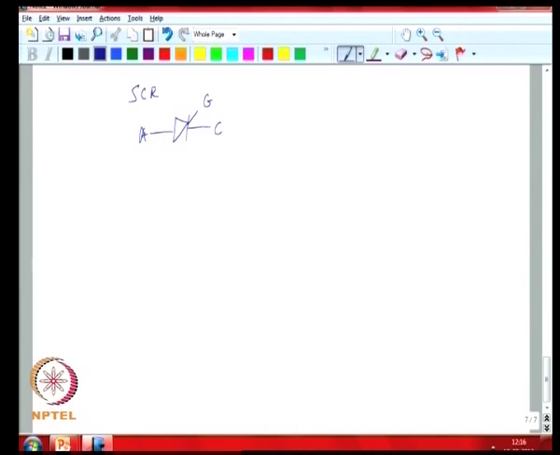Okay. So you need an external circuit to turn it off. In an AC system, you have voltages and currents going through zero crossings. So you have points where your currents go through zero, and you could make use of that to actually stop conduction within, say, a cycle or so.